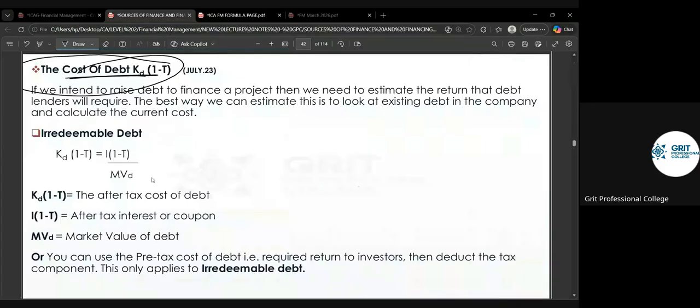We said we have two types of bonds, the irredeemable one and the redeemable one. If it is irredeemable, the way you calculate it is the after-tax interest or coupon over the market value or the price of the bond.